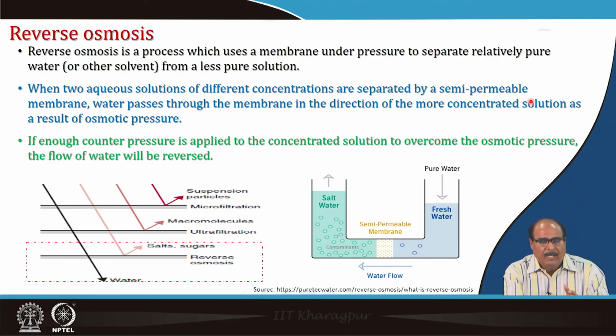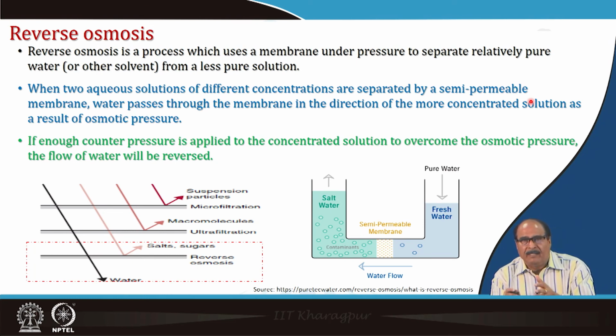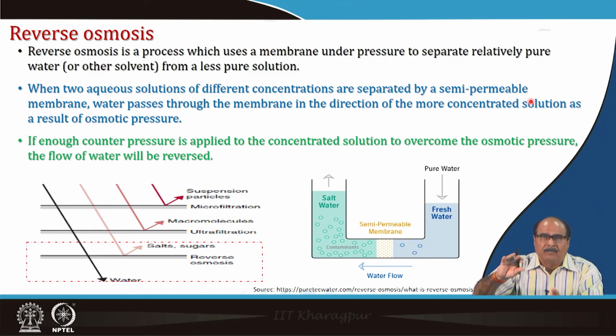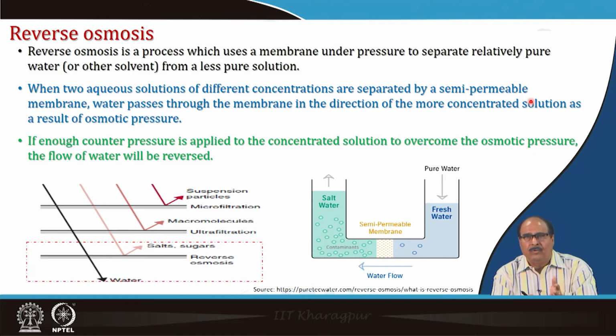When two aqueous solutions of different concentrations are separated by a semi-permeable membrane, water passes through the membrane in the direction of the more concentrated solution as a result of osmotic pressure, and that is called osmosis. If the applied pressure is more than the osmotic pressure, then the direction of the flow can be reversed, and that is reverse osmosis.